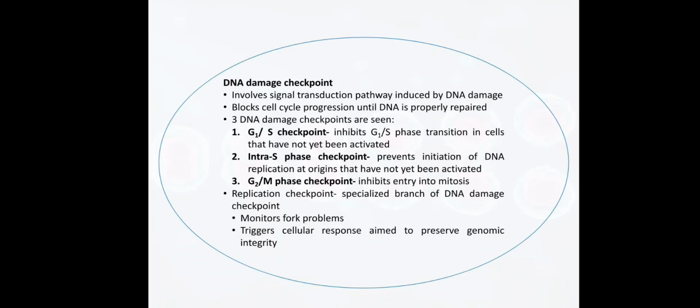By sensing the DNA damage, it undergoes different types of signaling pathways, that is signal transduction pathways, in order to start the repair mechanism in which DNA can be repaired and the cell cycle can be resumed. So let's learn about the 2 different pathways, that is the ATM pathway and the ATR pathway.